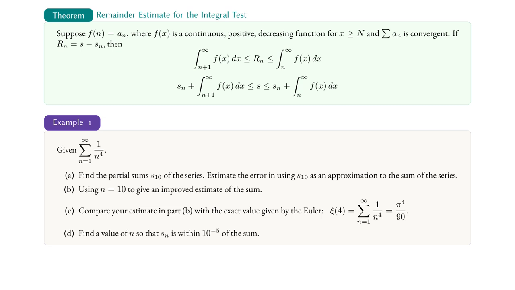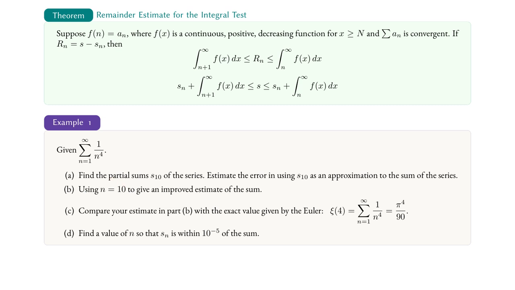For example, given the series 1 over n to the fourth power, find the partial sum s sub 10. So in this case, in the theorem, n is 10. Then estimate the error using s sub 10 as an approximation to the sum of the series.